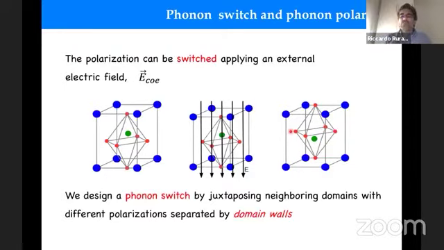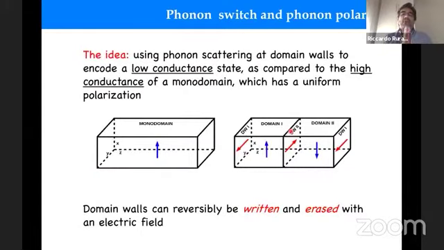Here is the first idea we came upon. You can imagine a material in a monodomain state, so you have your ferroelectric ground state and all the dipole moments are pointing upward. Then you use your electric field and you switch the polarization in half of the material. This is something that our experimental colleagues can do with a reasonable degree of control. You end up with a system where half has the polarization up and the other half has the polarization down.